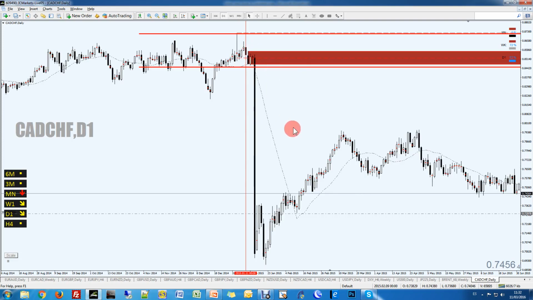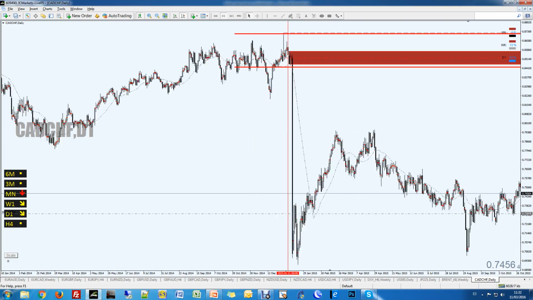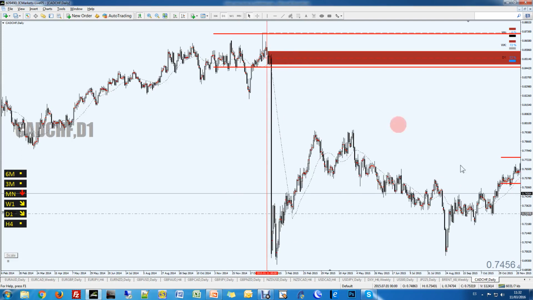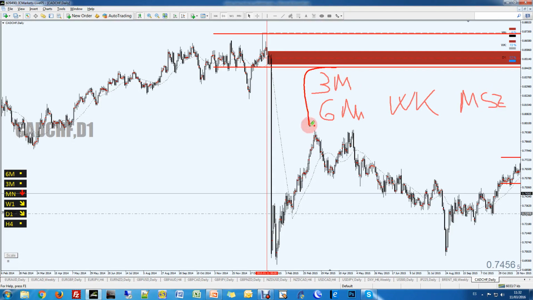So that's a short. This short on the daily is nested within a 3 months supply zone, 6 months supply zone, okay, weekly supply zone, and monthly supply zone. This is the power of nested imbalances within nested sequences.